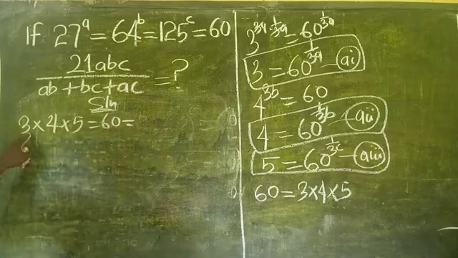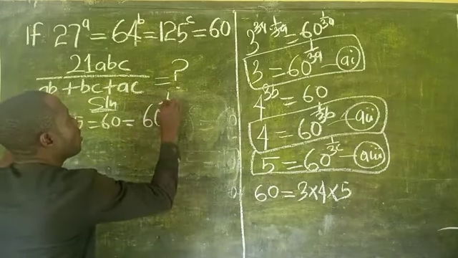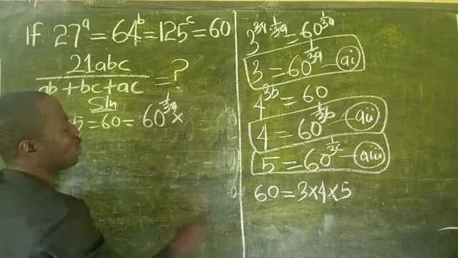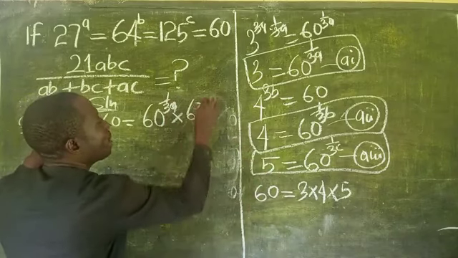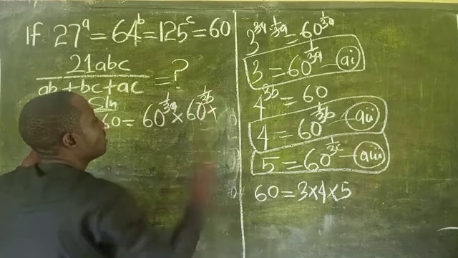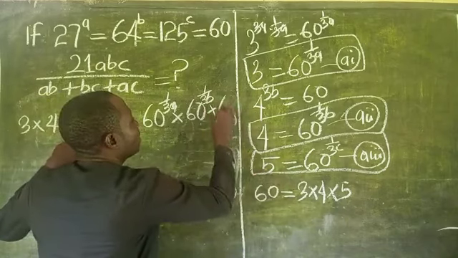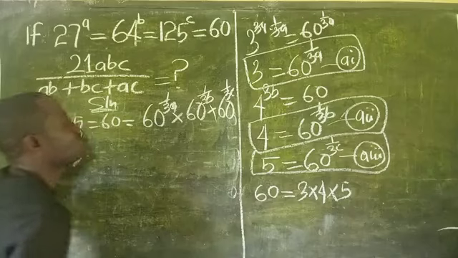In the place of 3, what do we have? We have 60 raised to power 1 over 3a, times 4. In place of 4, what do we have? We have 60 raised to power 1 over 3b, times, in the place of 5, we have 60 raised to power 1 over 3c.